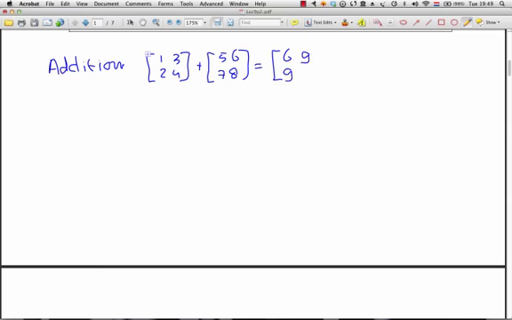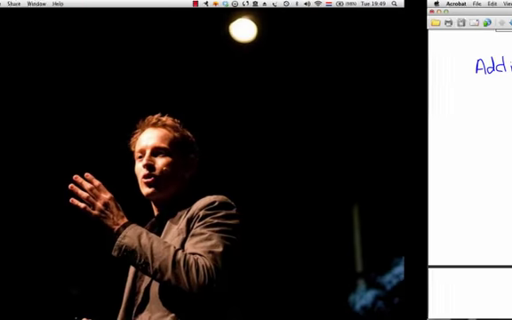This is also 9, and 4 plus 8 is 12. So we see that A plus B gives me a new matrix C.